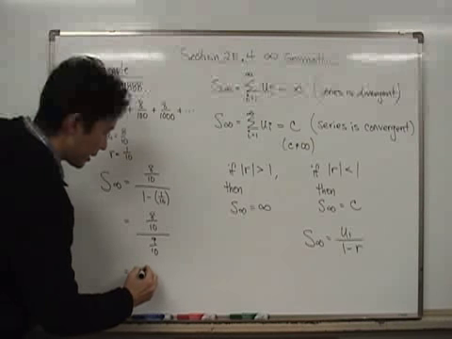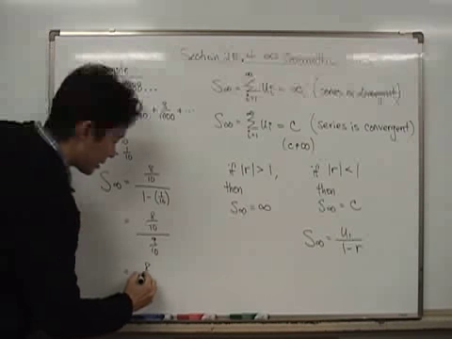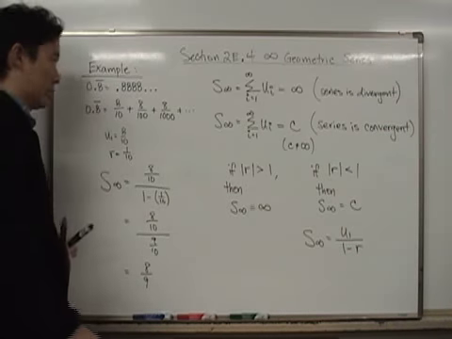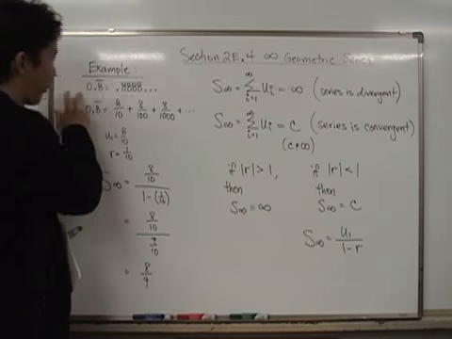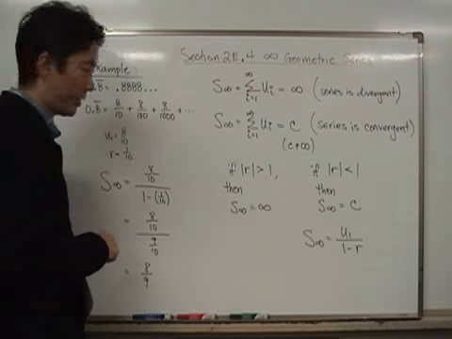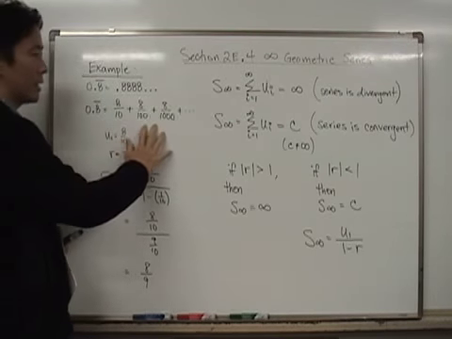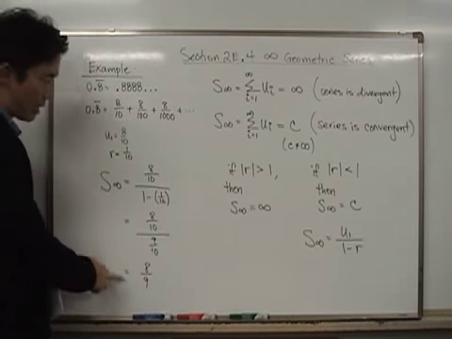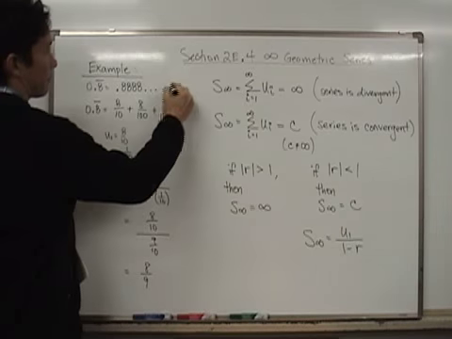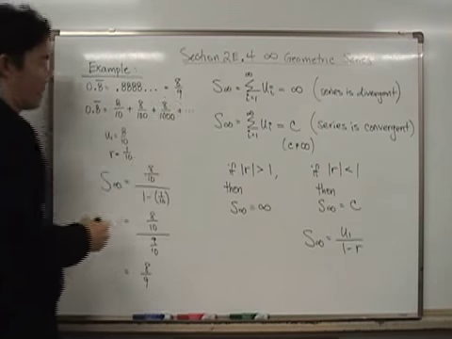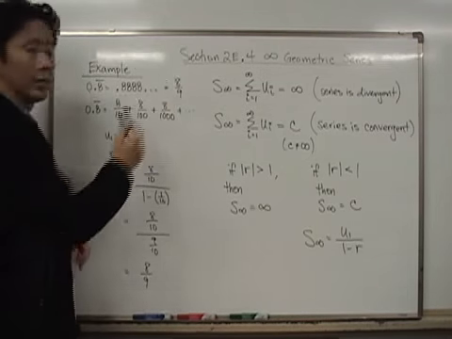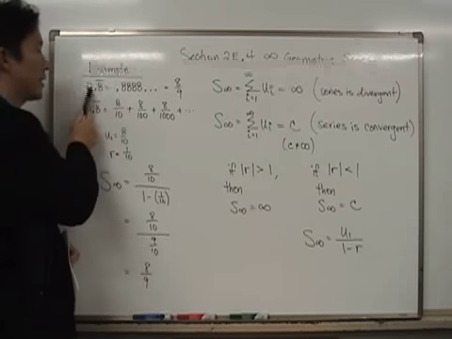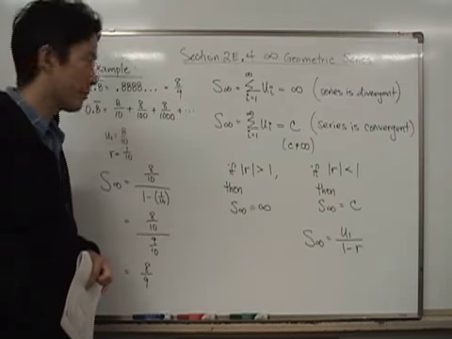So this is going to be equal to 8 over 9. So this representation, which is 0.8 with the bar over it, which can also be represented as an infinite geometric series, is equal to 8 ninths. If you put that into your calculator, sure enough, you're going to come up with this representation, which can be represented by the 0.8 with the bar over it.